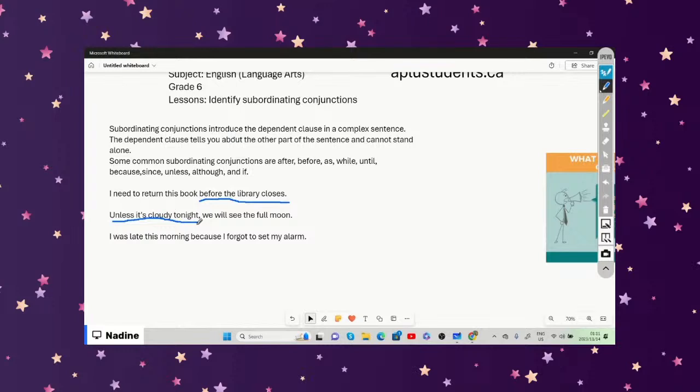And I was late this morning because I forgot to set my alarm. So I was late this morning because I forgot to set my alarm.